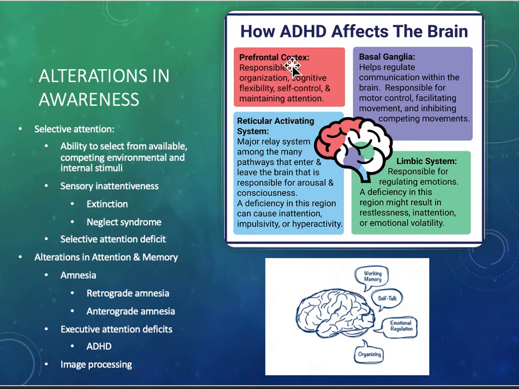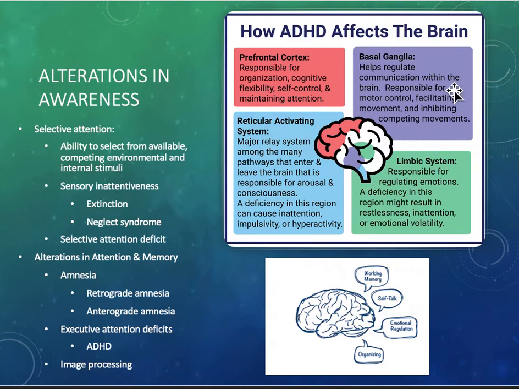So this table here shows you the prefrontal cortex, for example: organization, self-control, your attention. Those are all affected. The reticular activating system: changes in this area cause impulsivity, hyperactivity. Another thing that helps us with our attention.